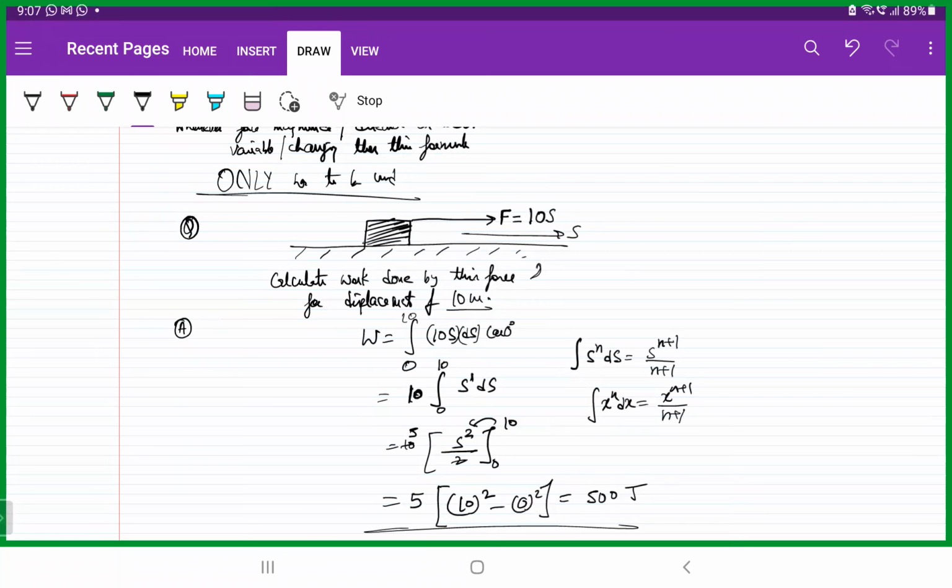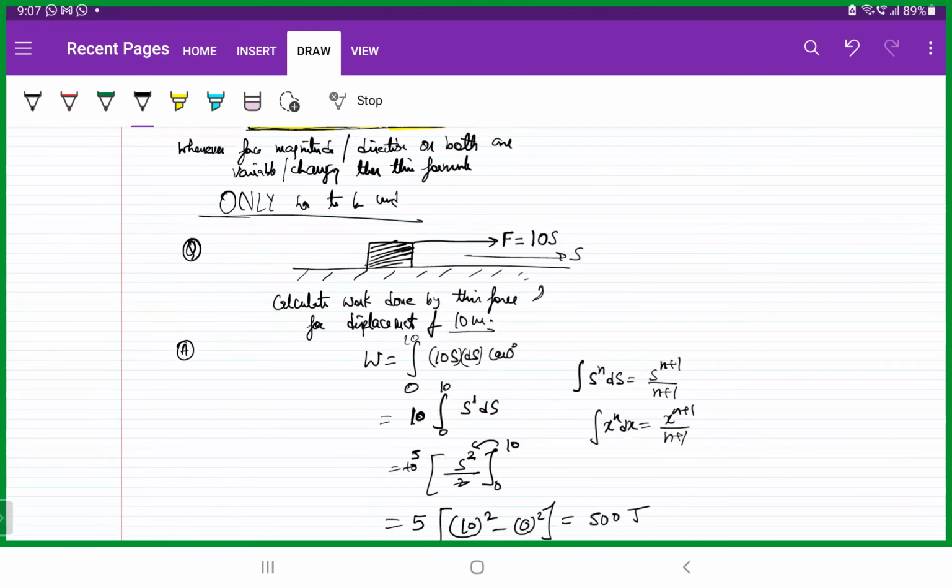Now we'll discuss some numericals. After this, we'll discuss some numericals. I'll give you one basic numerical, and then I'll see whether you understood the idea of this one. So this I'm marking again.